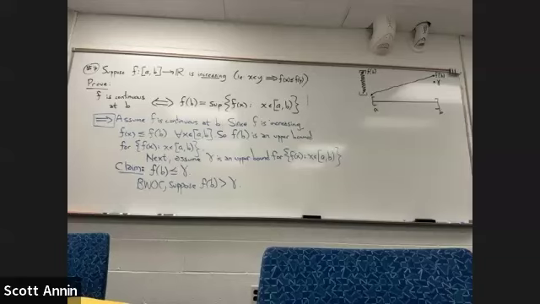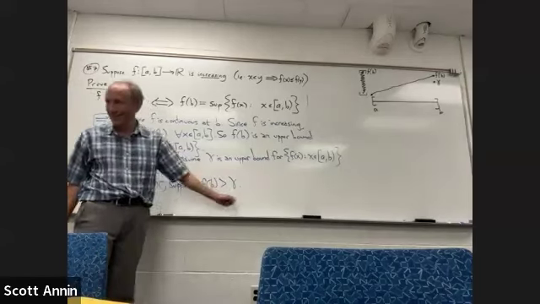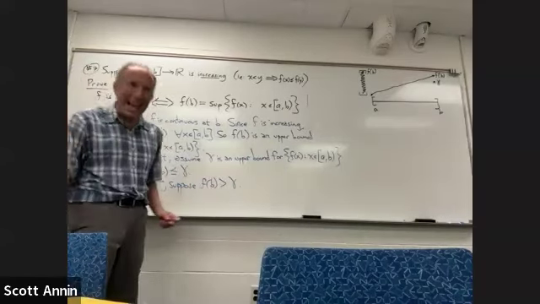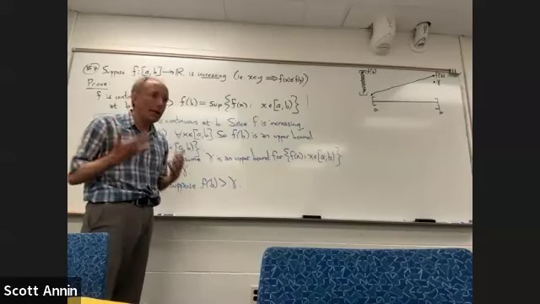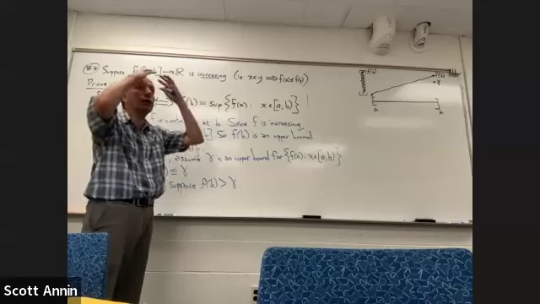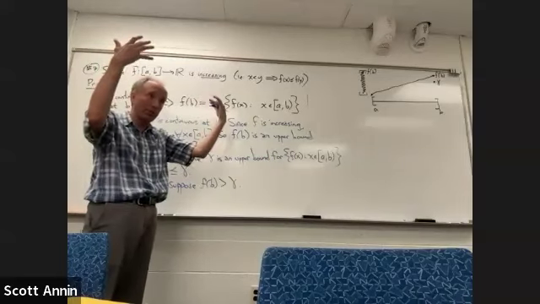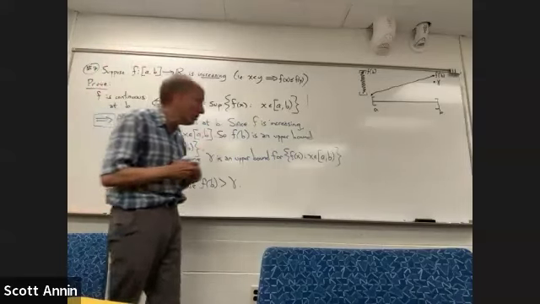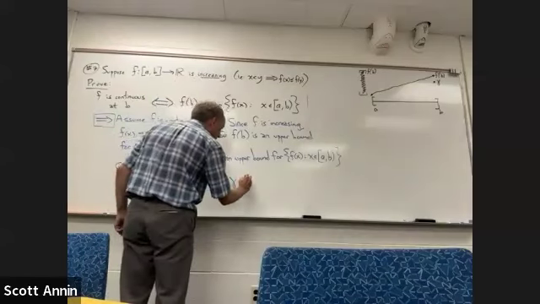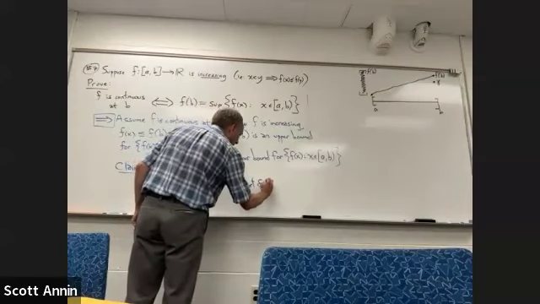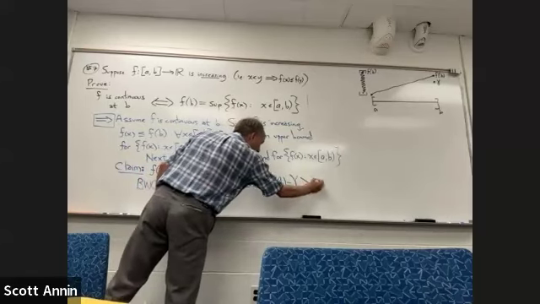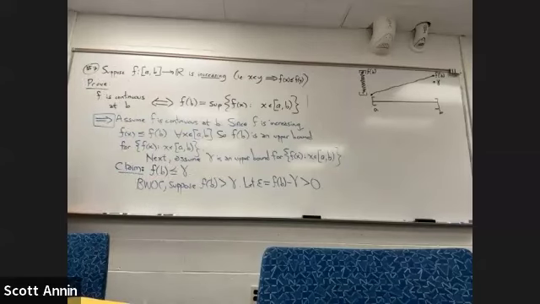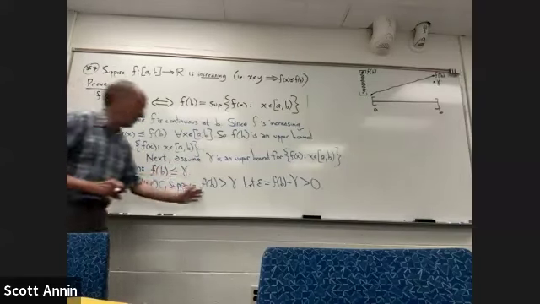Did anybody see it yet? F of b minus gamma. F of b minus gamma, right, would be greater than 0. And so that would qualify as an epsilon. Now, I don't know if it's going to work yet because I haven't thought this whole proof through, but it seems reasonable to let epsilon equal f of b minus gamma, which will be greater than 0 if we assume by way of contradiction that f of b is greater than gamma.